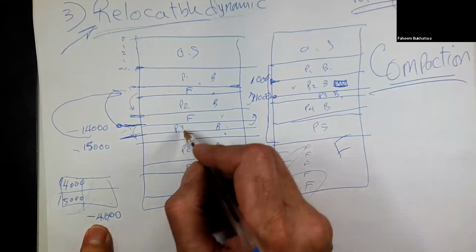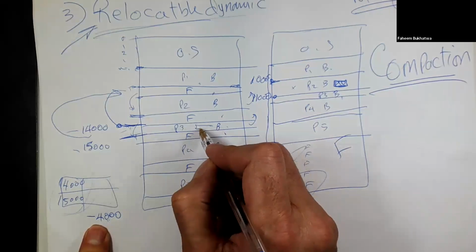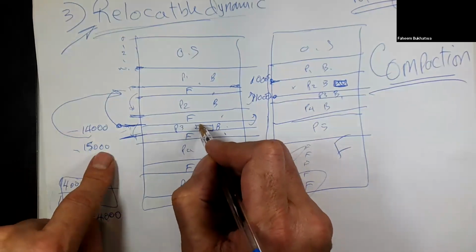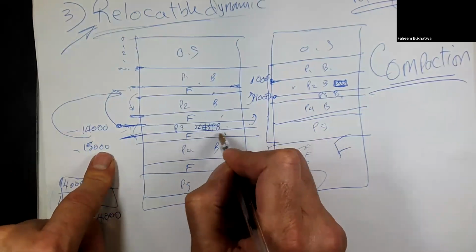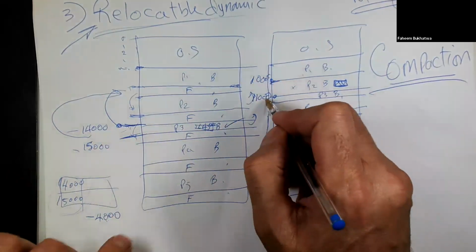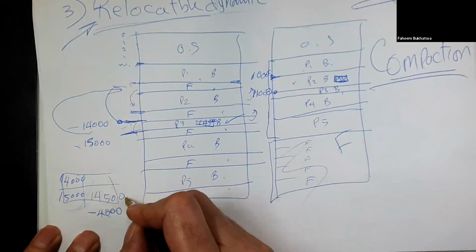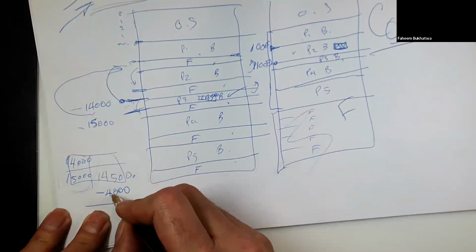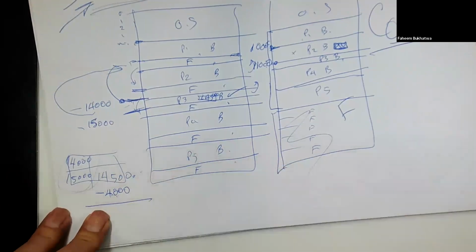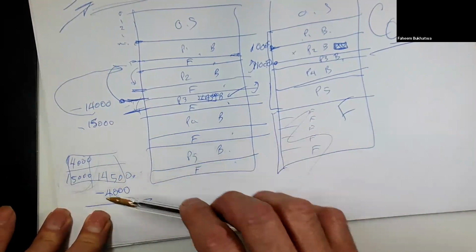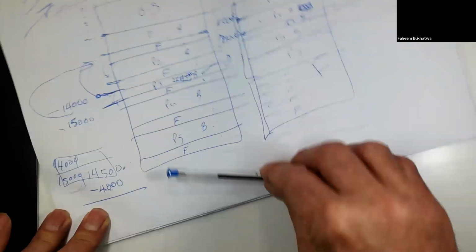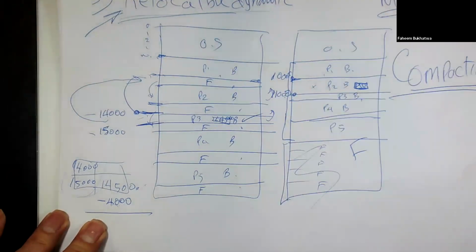So if the program initially said, move this address location at 14,500, that's okay here, but after moving it, 14,500 is not good. So here's the address that says, change this location address. We say subtract every address generated by this program from now on. We're going to remove 4,000 because we moved it up 4,000 bytes.